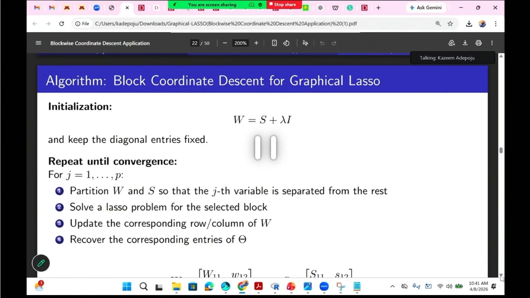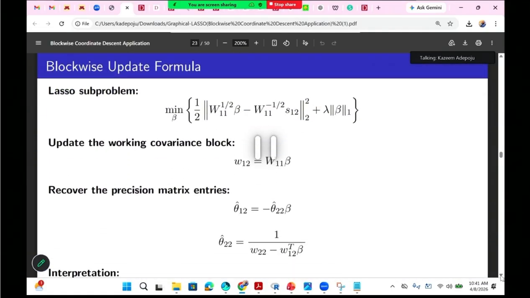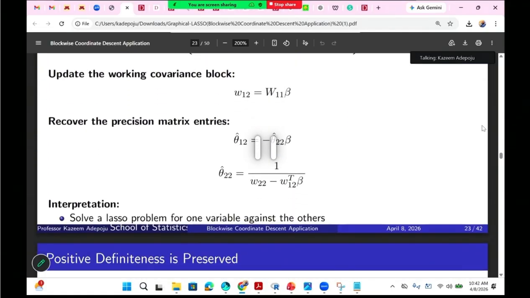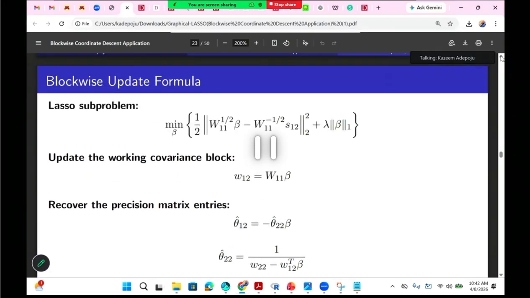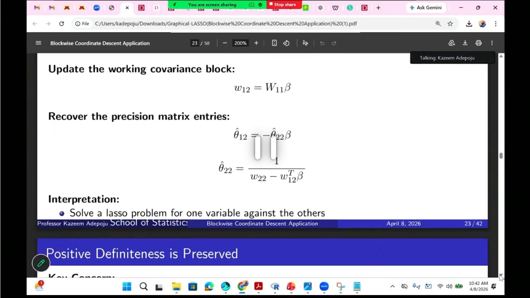Okay, so we don't want to tamper with the variance. We don't want the variance to be less than 0. We want variance to be strictly positive, okay? I think I've walked it through. So, in the end, if this is a lasso, then you update your covariance block with this. This is the updating. Then you recover the precision from the working covariance. And in the end, that is what we got.